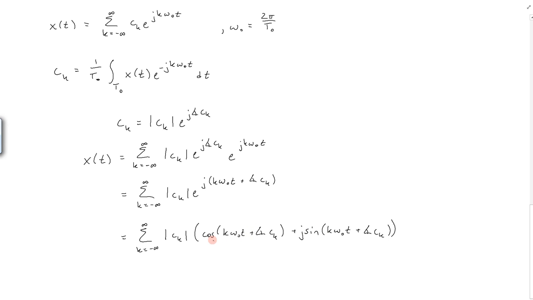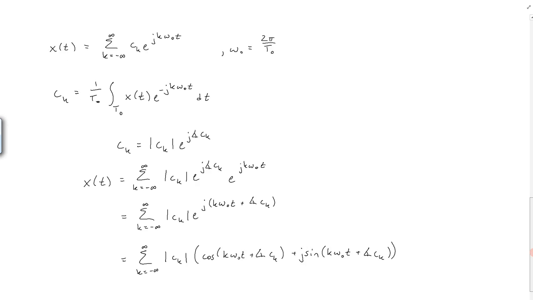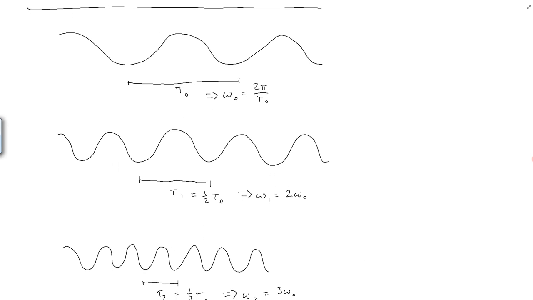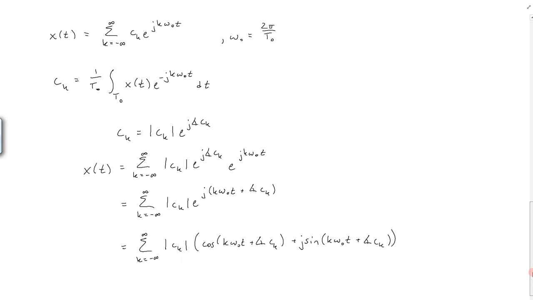Now, what are these actual components? They're just cosines and sines at integer multiples of the fundamental frequency. And remember what we said earlier, that in order to create a given signal with a periodicity of T0, we need to use component sinusoids in the summation that are at integer multiples of the fundamental frequency, omega 0. And that's exactly what we have in our synthesis equation here.